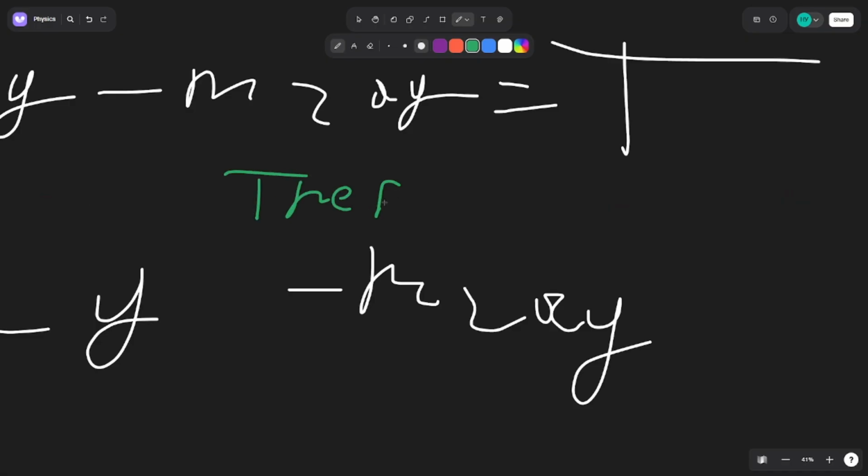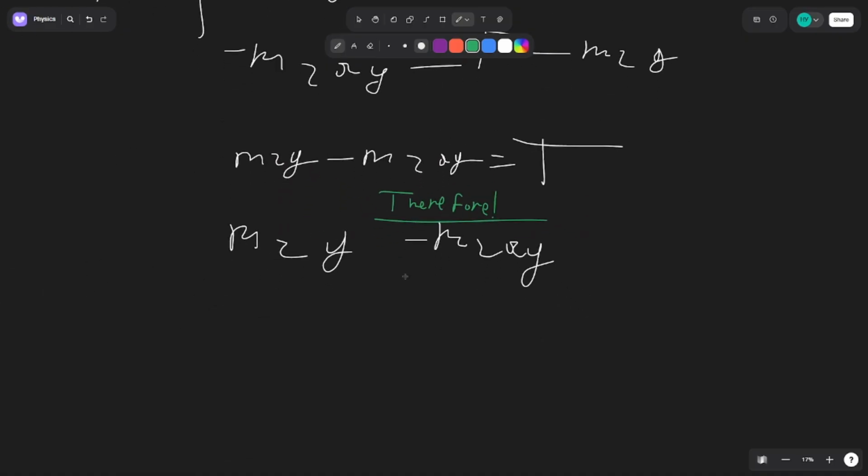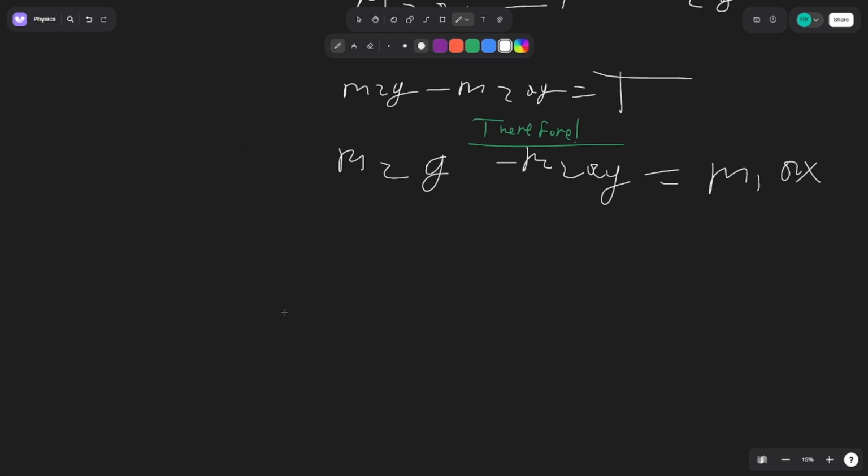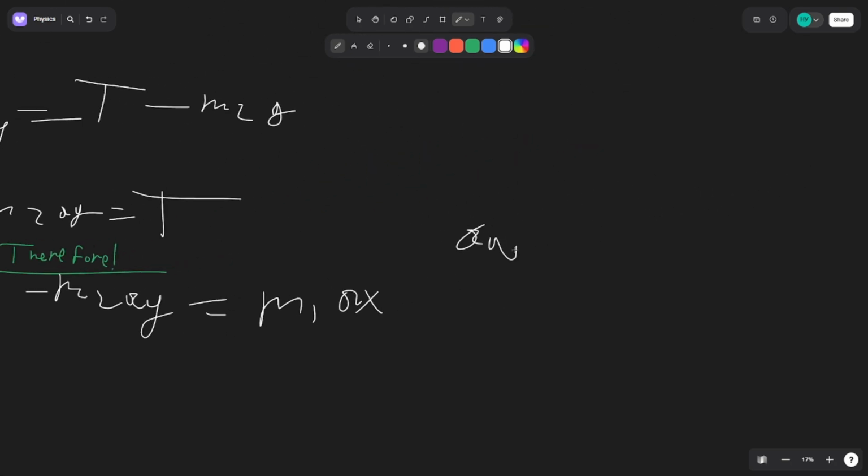So therefore, m2g minus m2ay equals m1ax. And we know that ay equals ax, right?